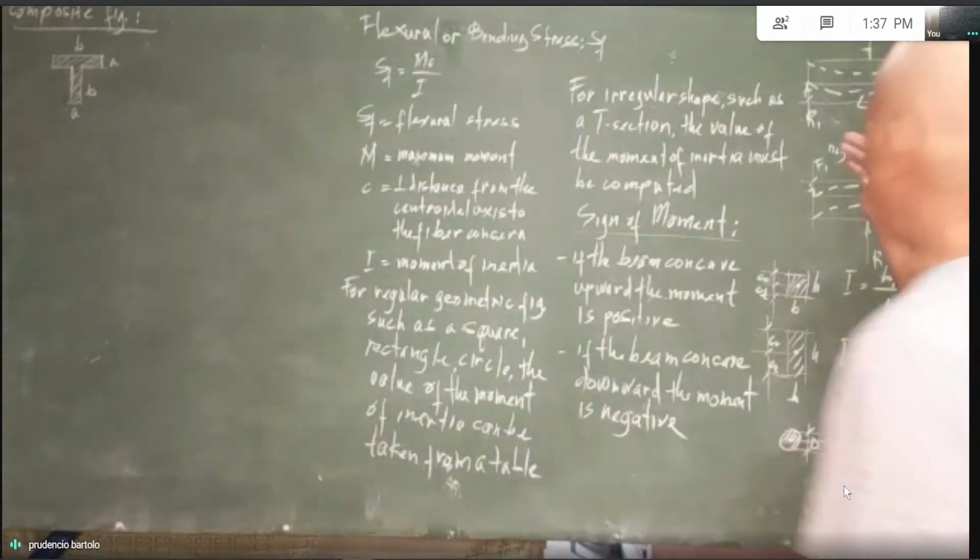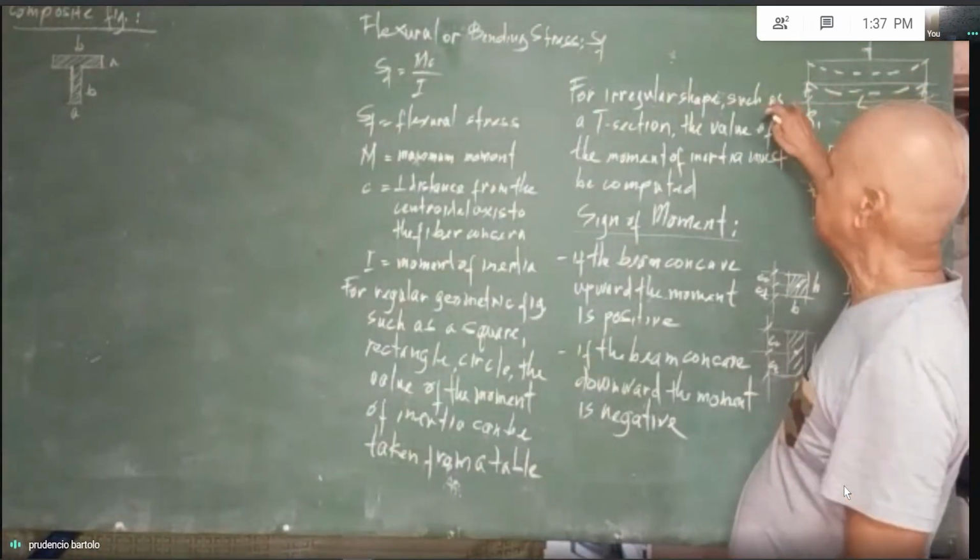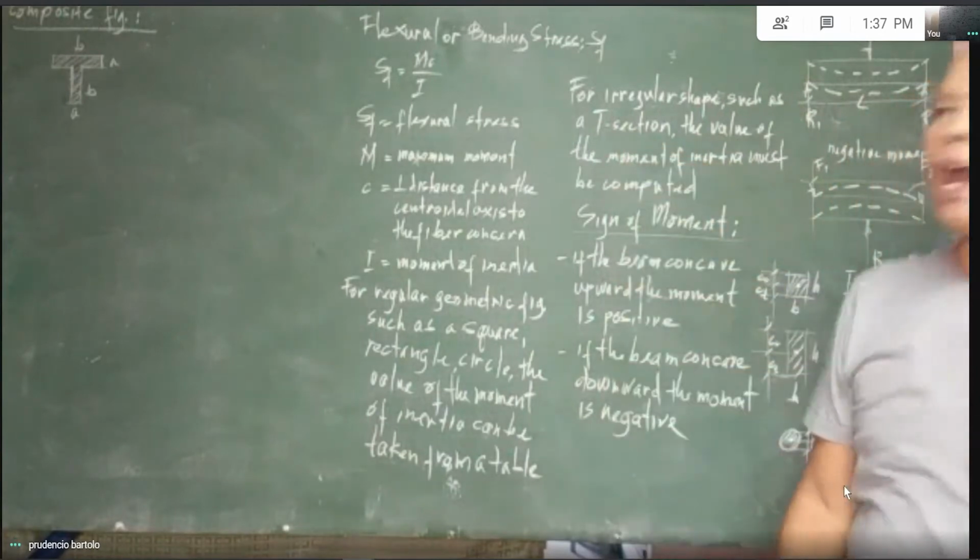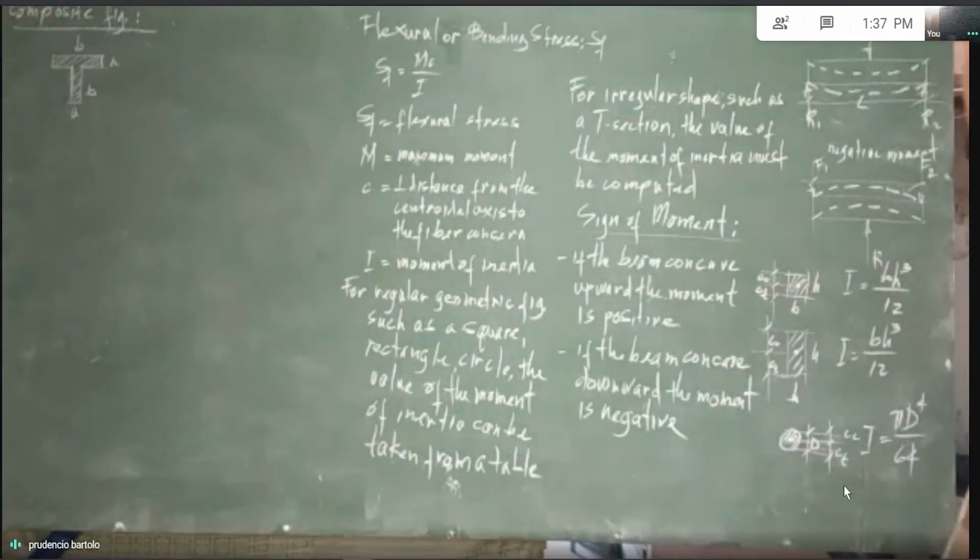For an irregular shape, such as a T-section, the value of the moment of inertia must be computed.